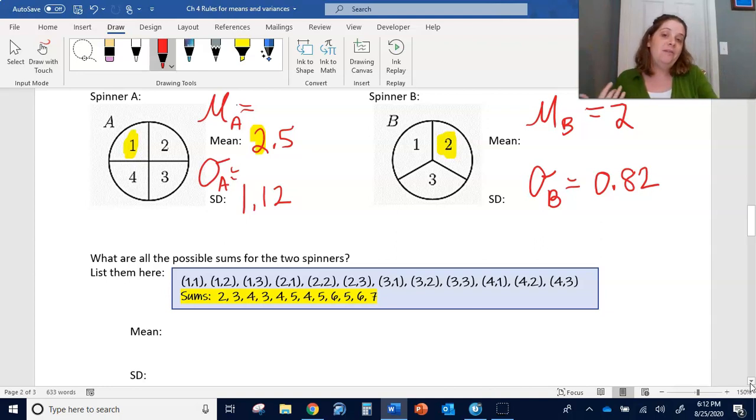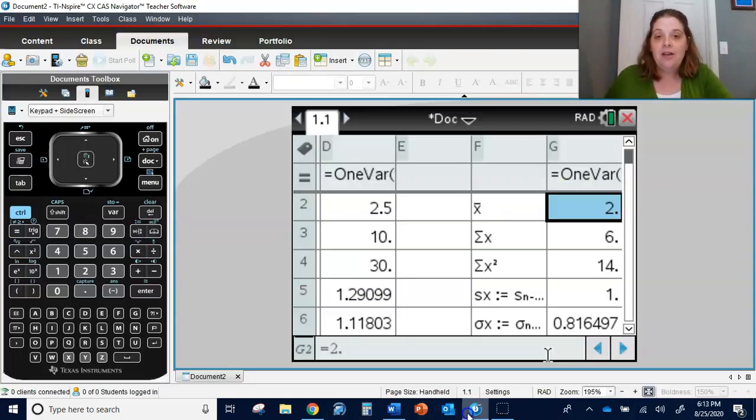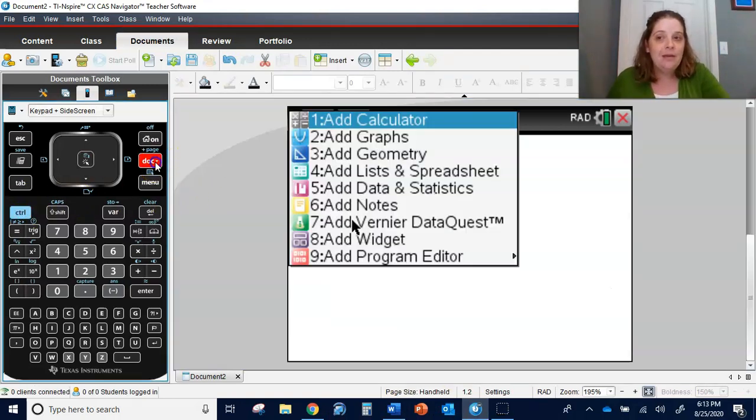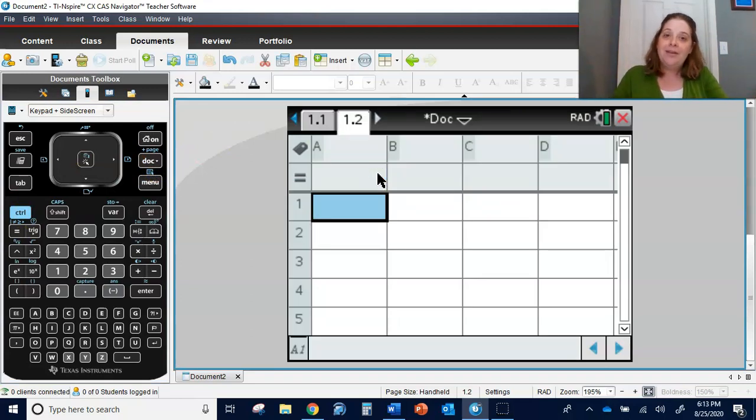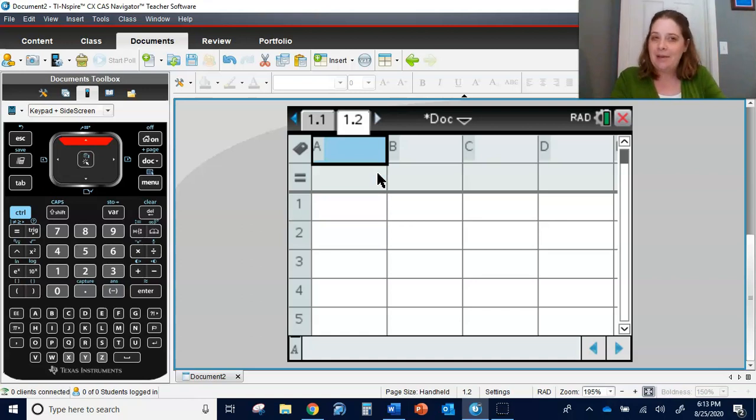Now I want to find the mean and standard deviation of these. So again, I could go to my calculator. Unfortunately, I'm not going to be able to do A plus B in my calculator, so I am going to have to input these by hand. If I try to do A plus B, it's going to say, well, you only had 4 numbers in A and you have 3 numbers in B. This isn't like I'm adding the first and the first and the second and the second.